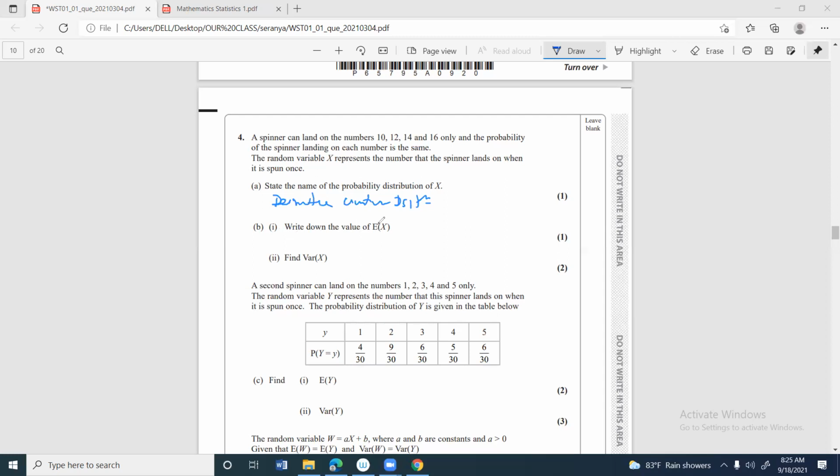Then write down the value for E(X). For this kind of information, if it is a uniform distribution, you can use the usual definition as well.